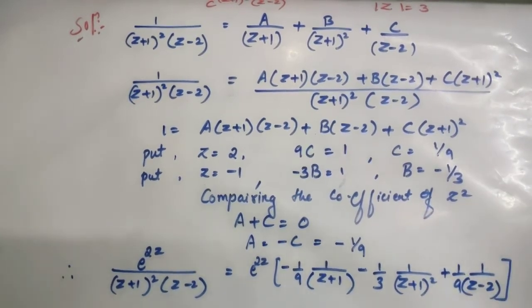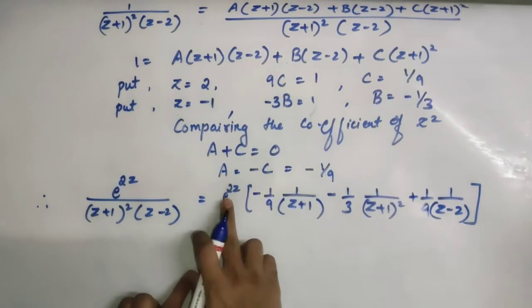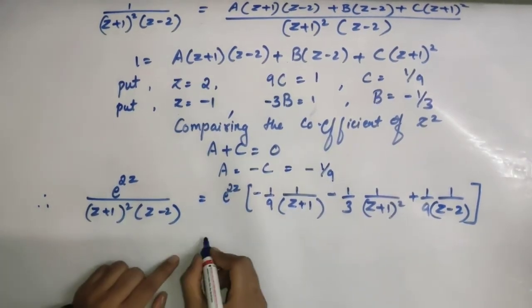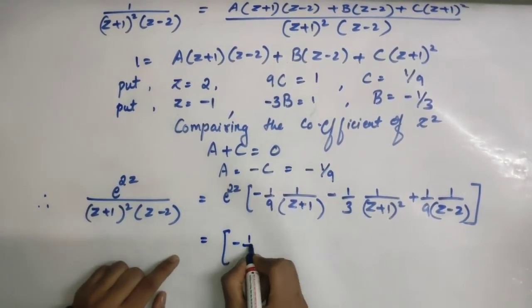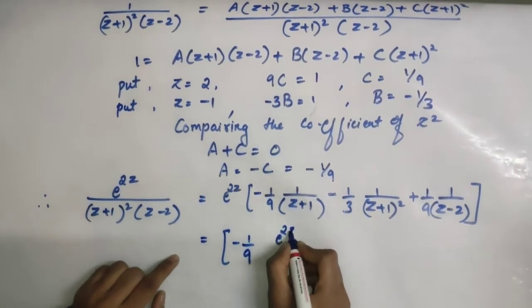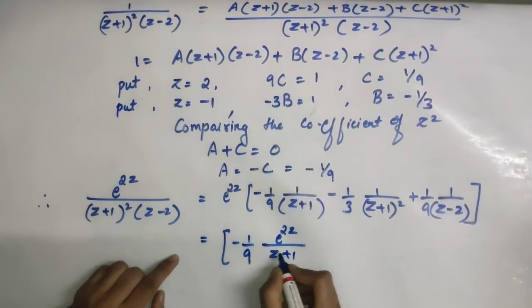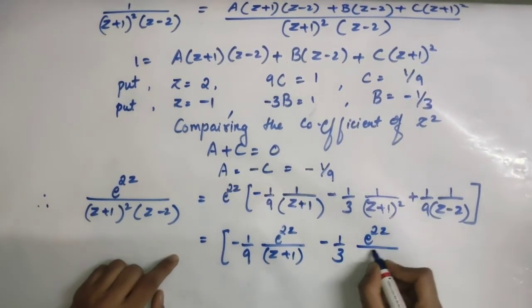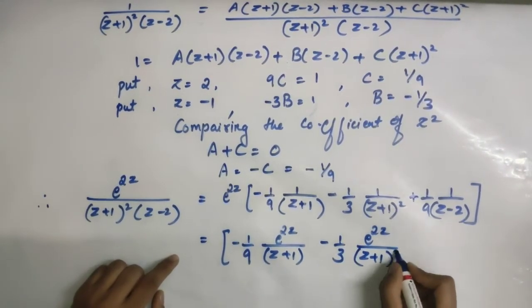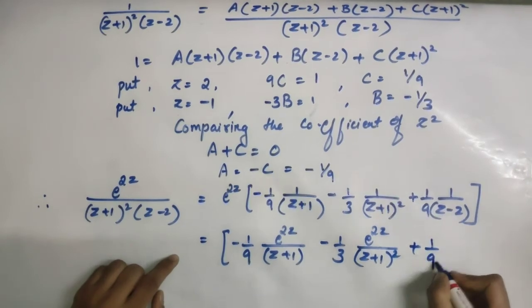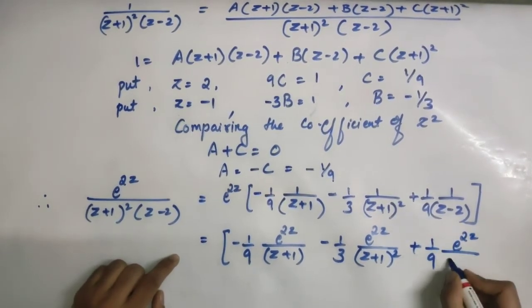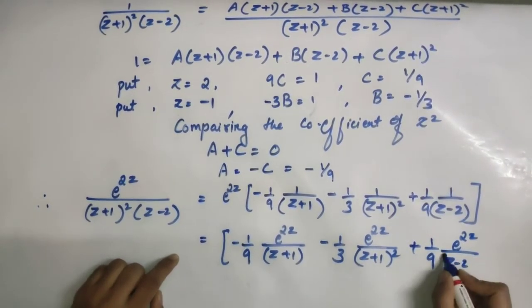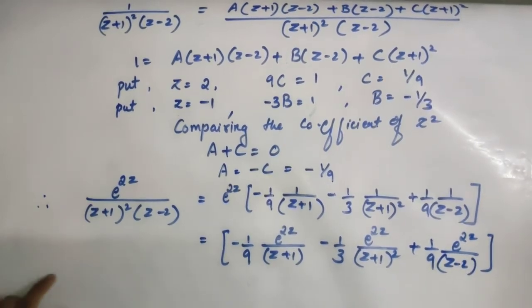Complete the bracket. Now all you have to do is get this e to the power 2z inside the bracket. You have minus 1 by 9 e to the power 2z divided by z plus 1, minus 1 by 3 e to the power 2z divided by (z plus 1) square, plus 1 by 9 e to the power 2z divided by z minus 2. So this is what you get.